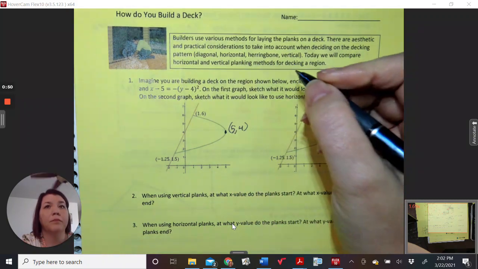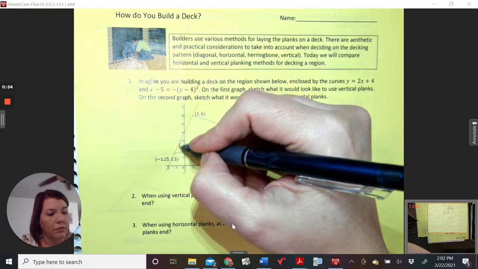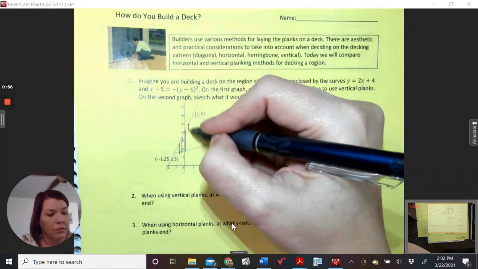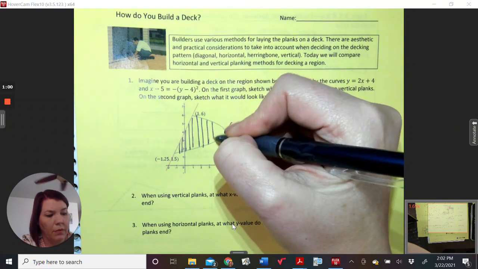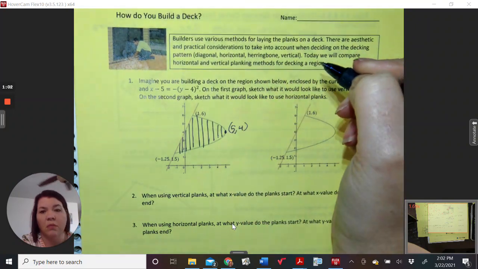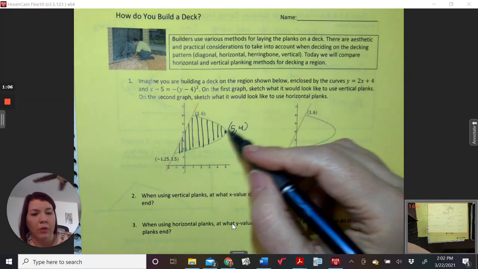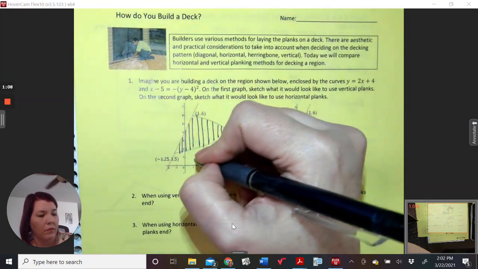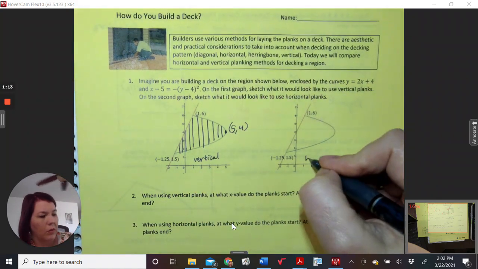Okay. So on the first graph, sketch what it would look like to use horizontal planks. Pretend I did a better job making those even. Right, something like that. On the second graph, sketch what it would look like with vertical planks, sorry.